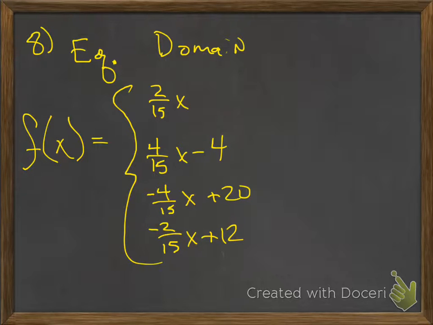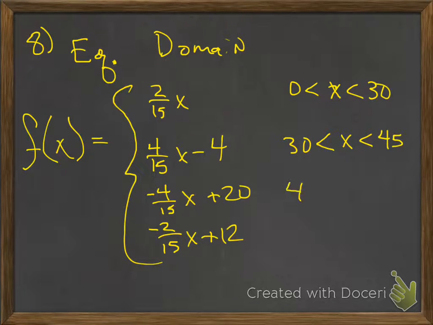And this is for the restrictions 0 to 30, 30 to 45, 45 to 60, and then 60 to 90.